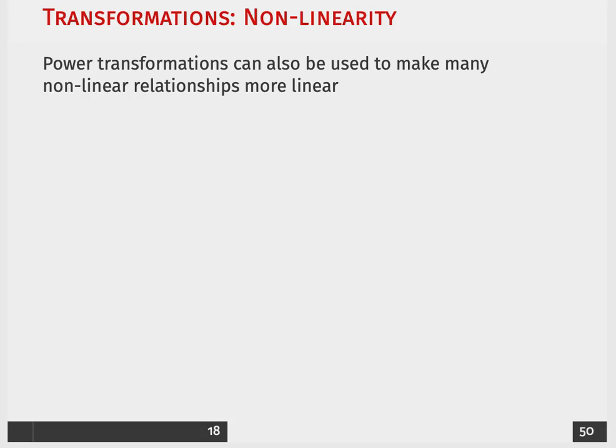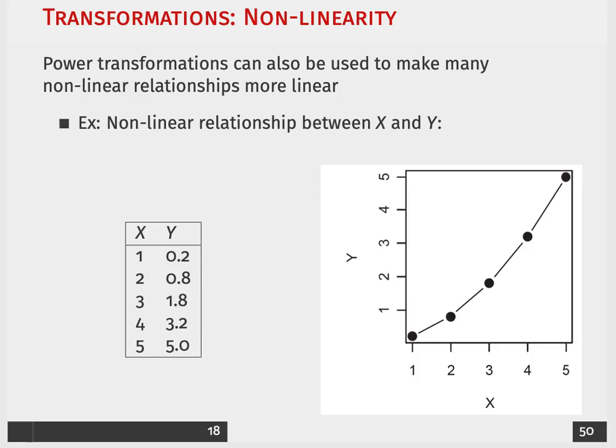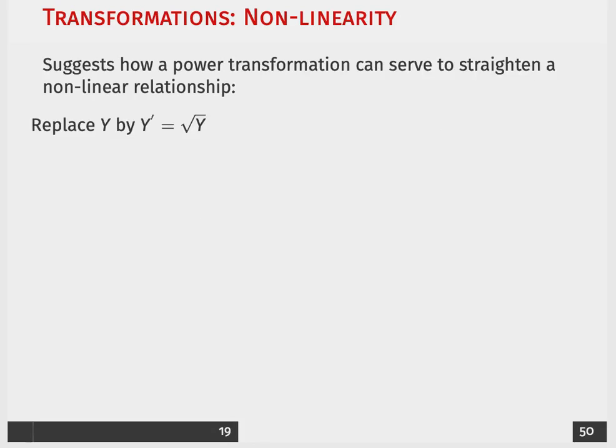What's cool is that power transformations can be used to make many non-linear relationships more linear. Here's an example between an x and a y that is a non-linear relationship. Now, we can see with a transformation how to straighten it.